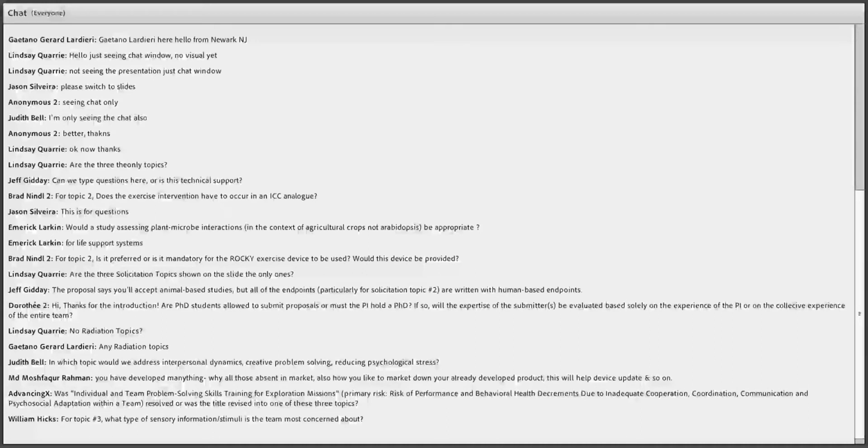And topic 3 is looking at when you're in a sensory deprived environment, or in a long duration space flight, how do we enhance sensory stimulation, the types of sensory stimulation that people would need that would in essence increase interpersonal dynamics or interpersonal capabilities, and ensure that you continue to be able to be reactive to problems.